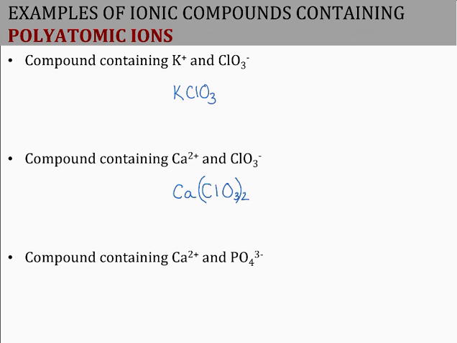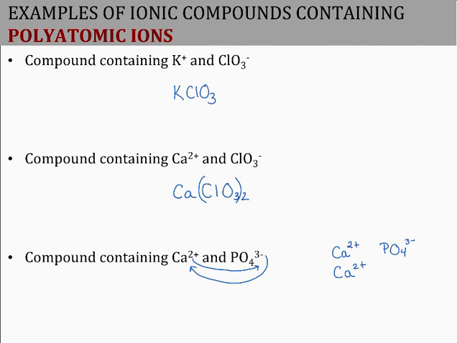Right, okay, so if you're a little confused on this one, a trick I have is to take the superscript charge and turn it into a subscript. So, for instance, if we have a calcium 2+ charge and then a phosphate 3- charge, we have too many negative charges there, so we need to add another set of positive charges.